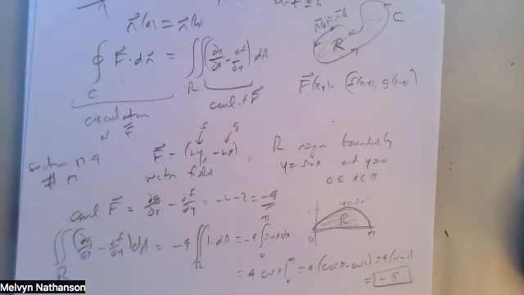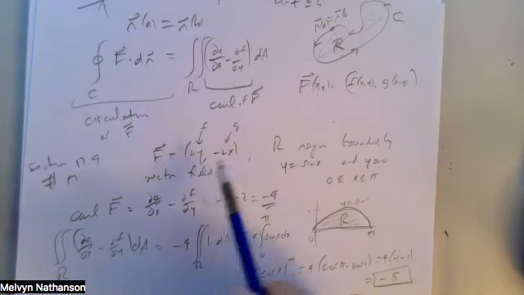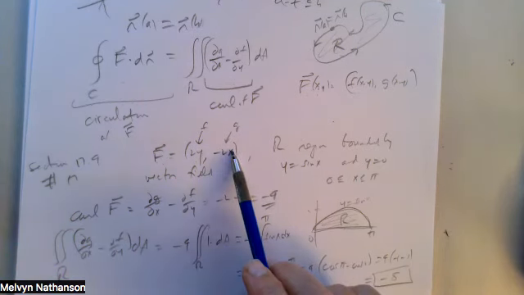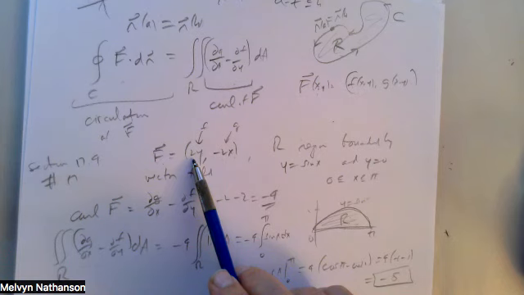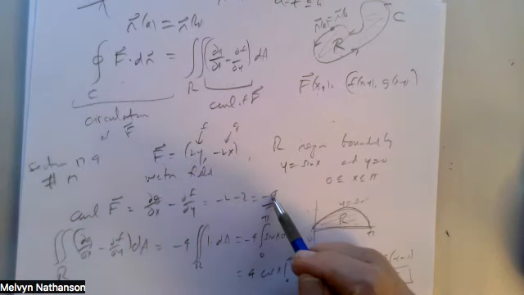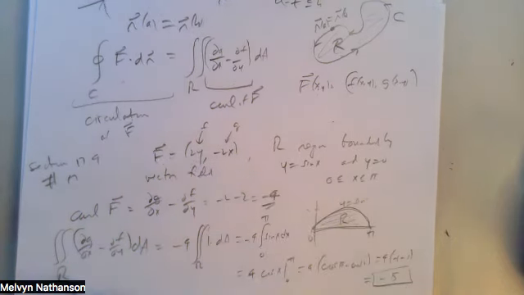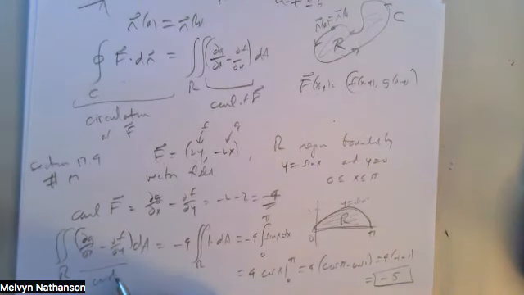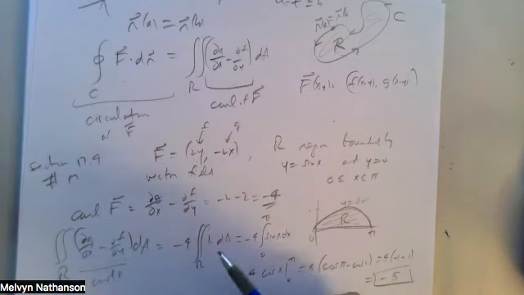The curl of that, partial g partial x minus partial f partial y, is just minus 4. It's constant. So when we integrate the curl over this region, it's just minus 4 times 1, so it's minus 4 times the area.